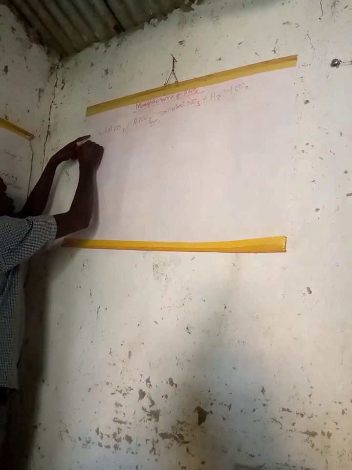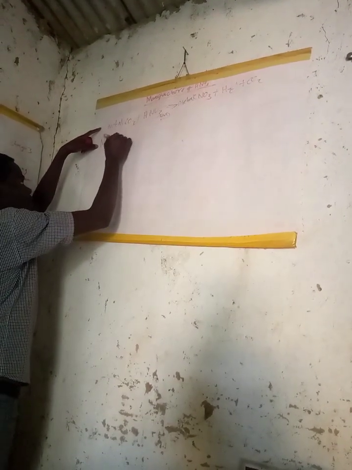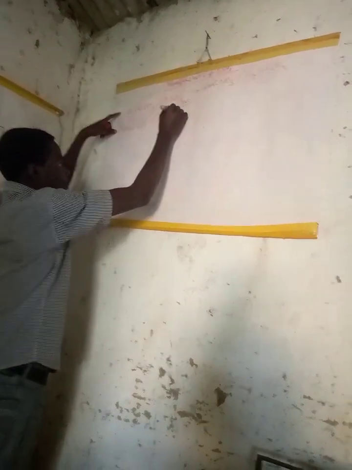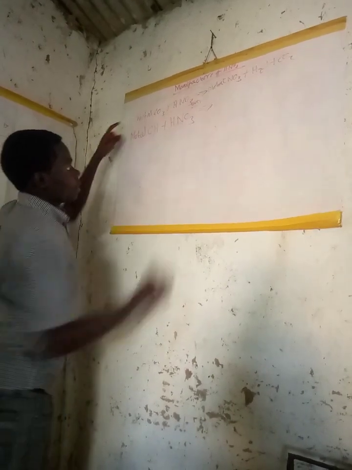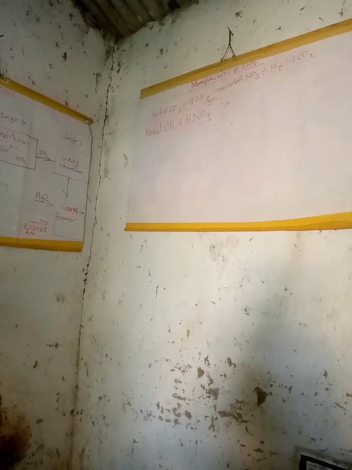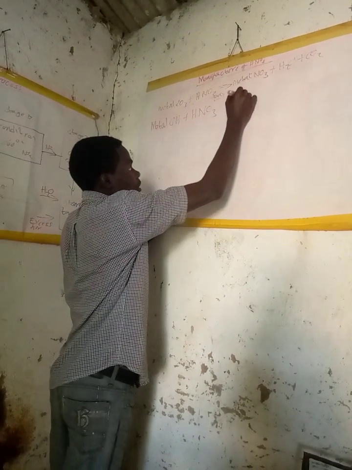So reaction with metal hydroxide. Here I'm just making a summary. Metal hydroxide plus nitric 5 acid, we are going to form a metal nitrate plus water.